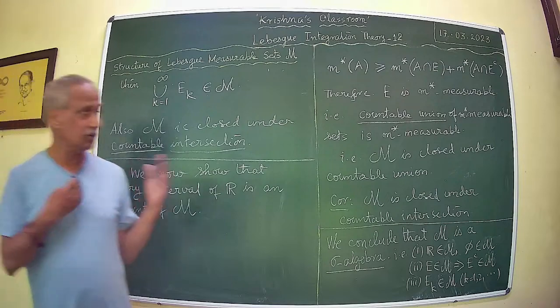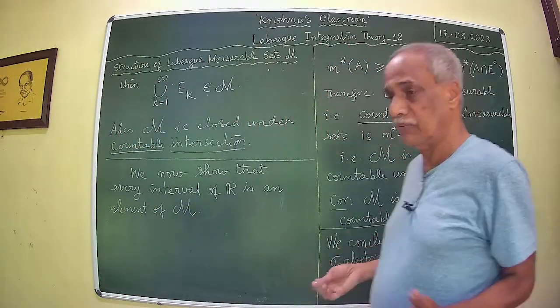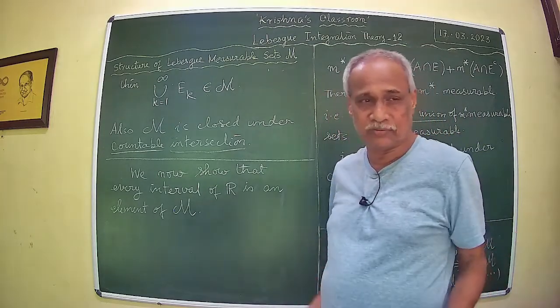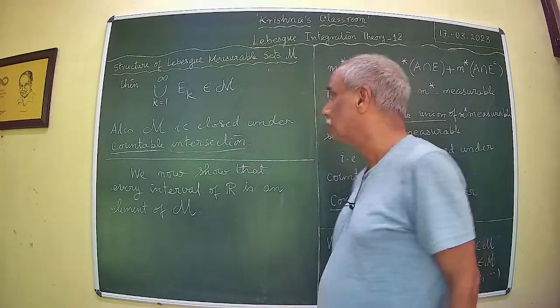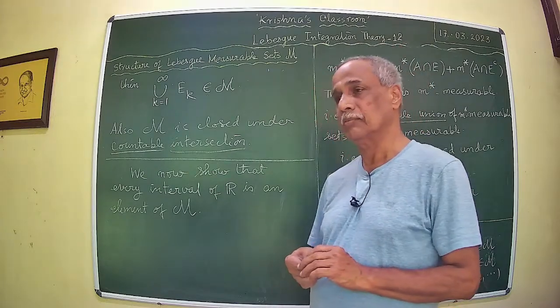So what we want to eventually conclude is that script M is a huge class of subsets of R which is measurable.